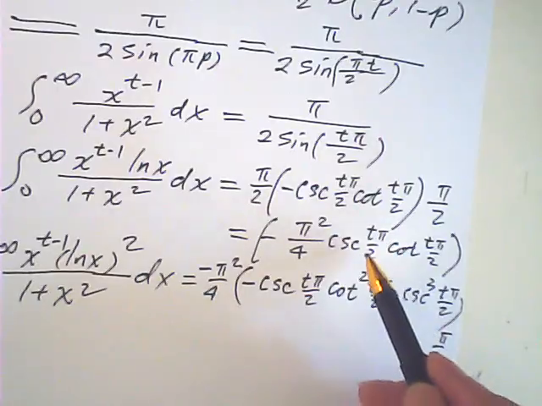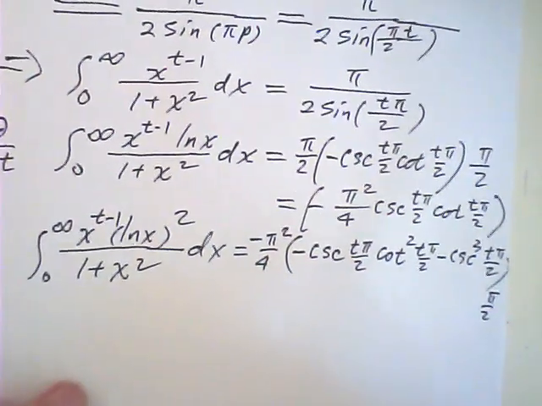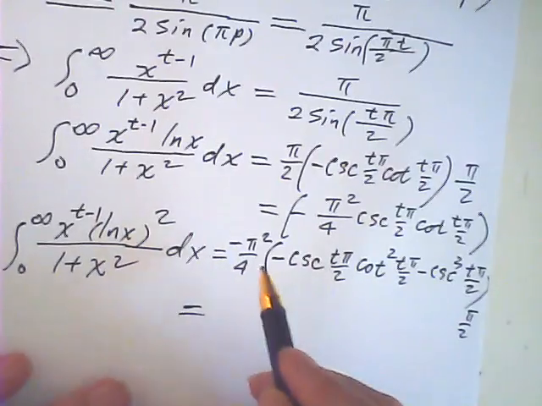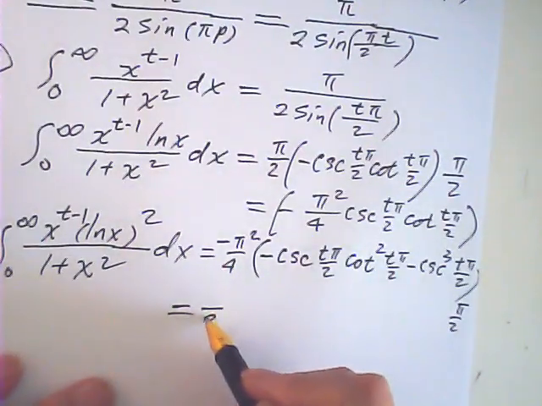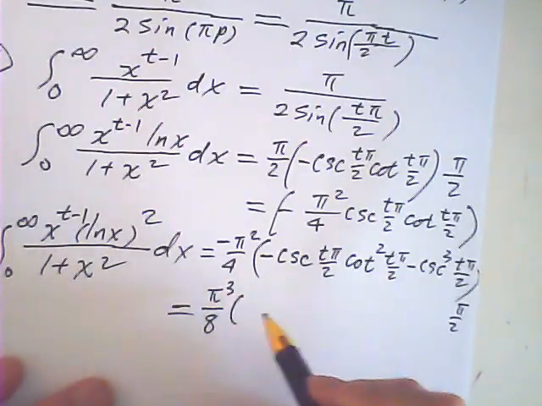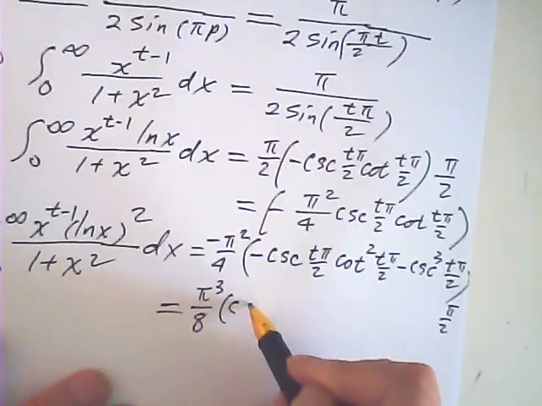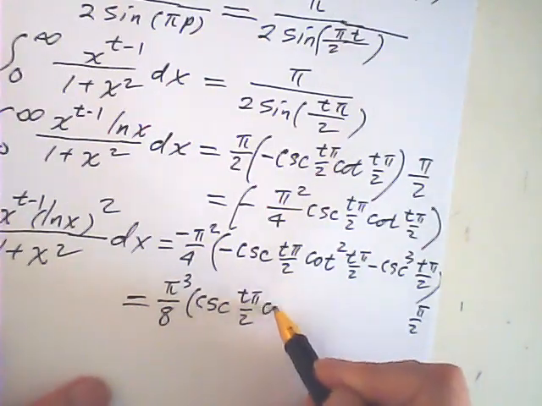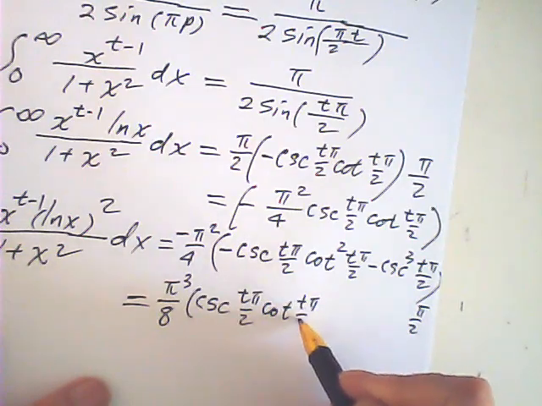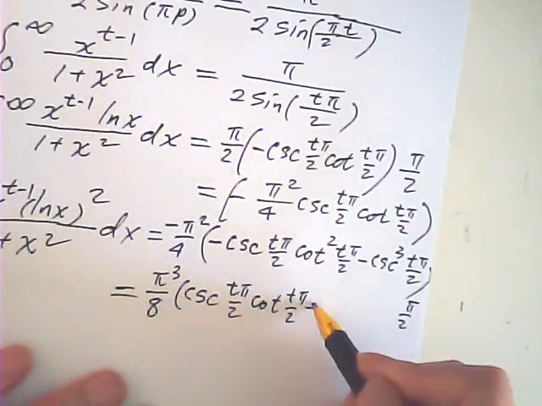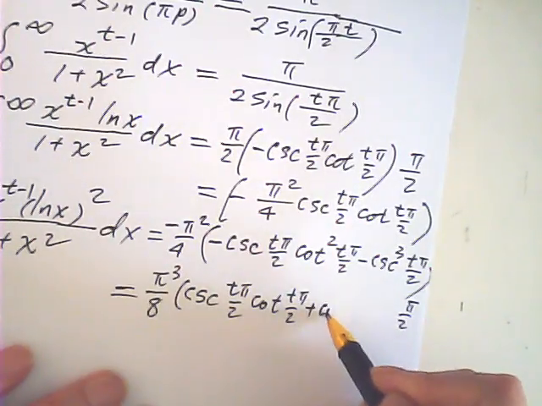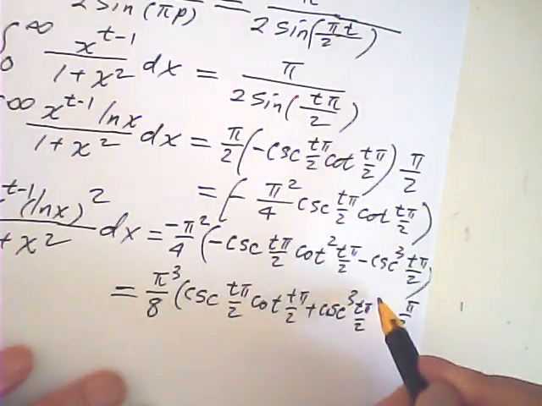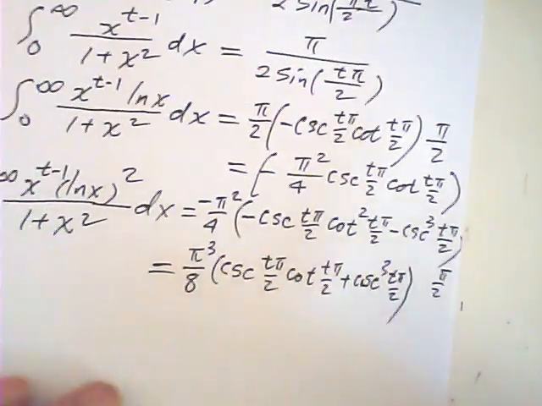Taking the negative out, it becomes positive. This one times this one is pi cubed over 8, and this will be cosecant of t pi over 2 times cotangent squared of t pi over 2, plus, because the negative is taken out, cosecant cubed of t pi over 2. Yeah, okay, good.